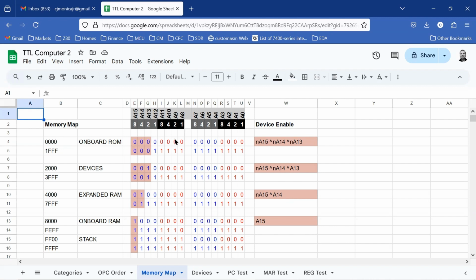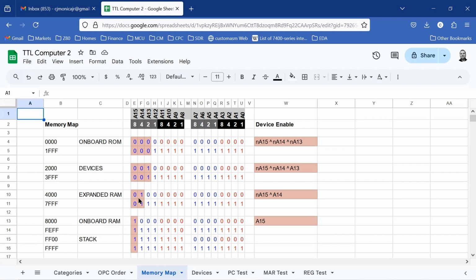So after we've blown this out with all the bit patterns, I've really just noted here which bits the decode logic will look at to determine if this device should be active for the memory address that's on the bus. For our onboard RAM, since this is the top 32K bytes of our 64K byte memory space, it just has to look at this high order bit. If bit A15 is a 1, then our RAM chip is enabled.